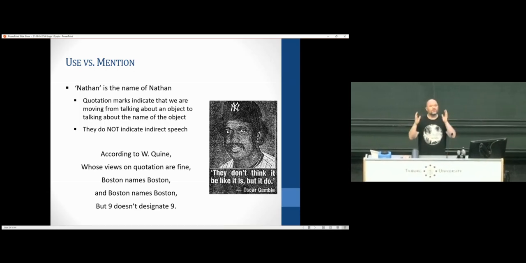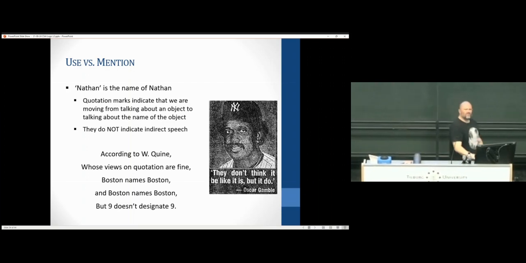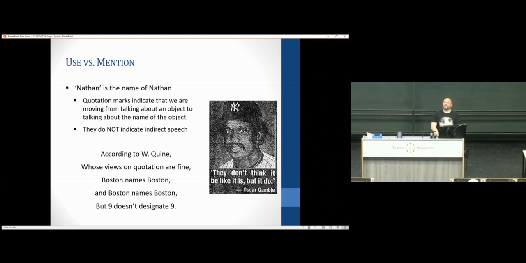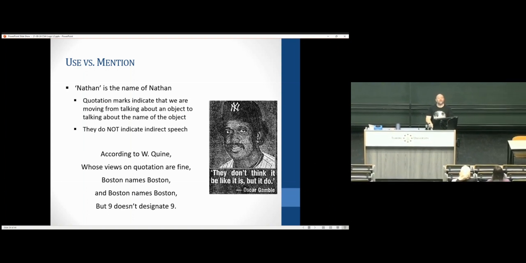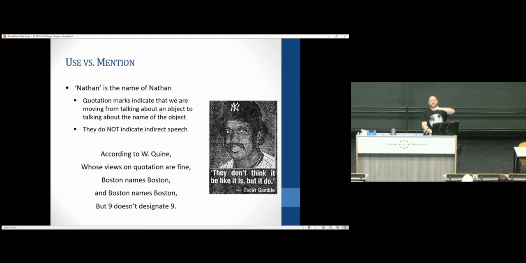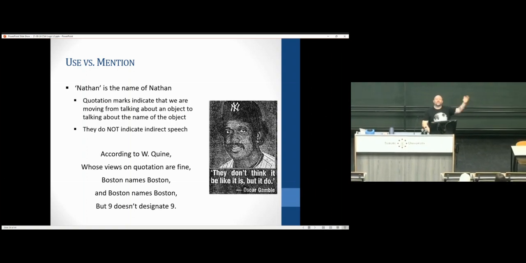You just simply stop and talk about the word itself. Nothing should be really shocking here. And if you've done some programming before, you've run into something along these lines, right? There are some times when you want to talk about just the string of symbols, or you might want to talk about what the string of symbols is representing, referring to in some way.